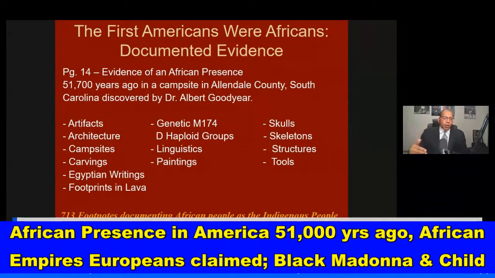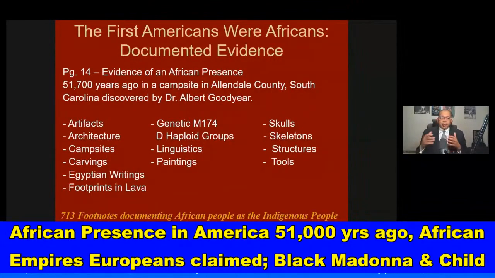They found artifacts, architecture, campsites, carvings, Egyptian writings, footprints in lava, genetic M174D haploid groups dealing with DNA and genetics, linguistics, paintings, skulls, skeletons, structures, and tools. They found 13 different types of evidence documenting an African presence in the land we call the United States of America, dating back at least 51,700 years ago. Now, his book is backed up by 713 footnotes and 7 peer-reviewed articles as well. And we know peer-reviewed articles are the height of academia.